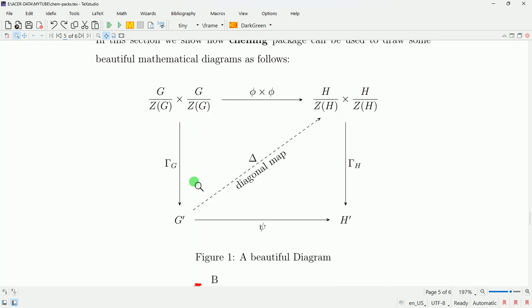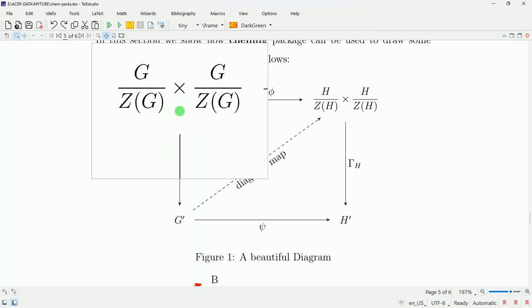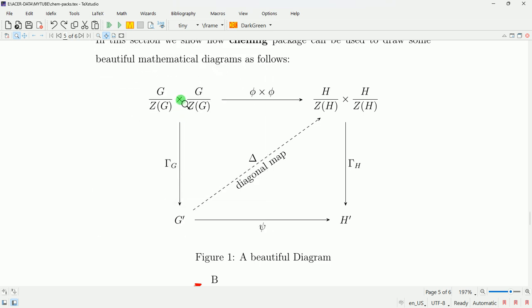You see, for accuracy, the arrow from the center of this cross mark is going down just in the middle. Everything is perfectly done. Look at this diagonal map, it is written diagonally. This is coming down from the center of this arrow. Everything is done perfectly.